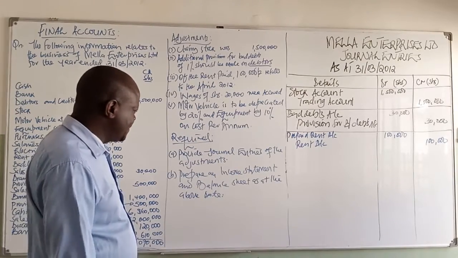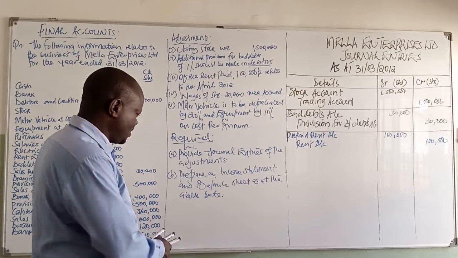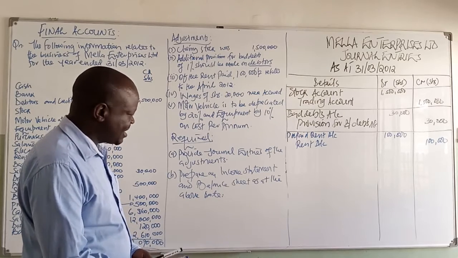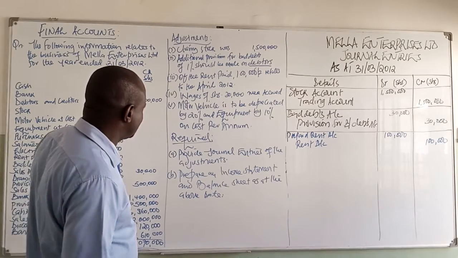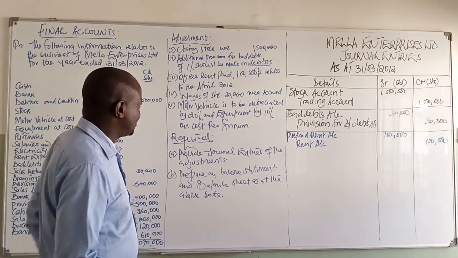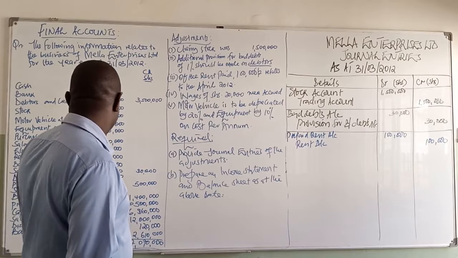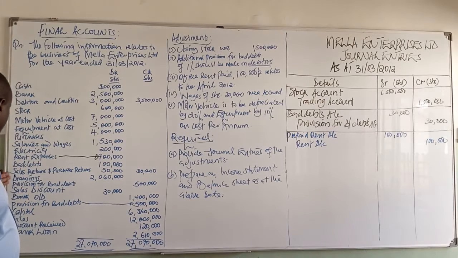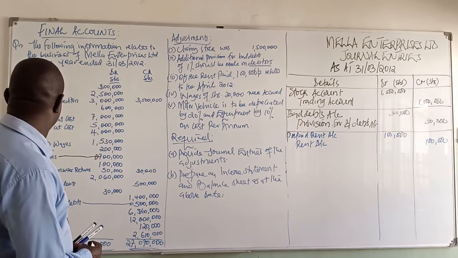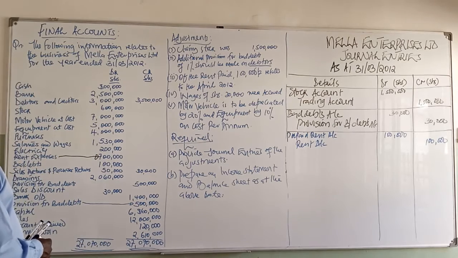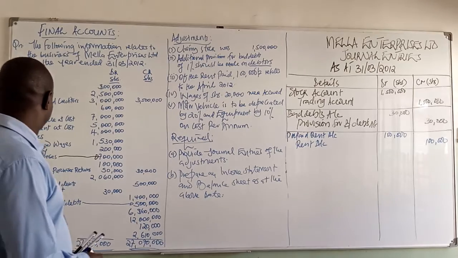And because they are liabilities, we have to treat them in the balance sheet as a current liability. So what we have here, they are telling us that wages of 30,000 are accrued. And you can see we have wages in this account. When I check wages, you have wages somewhere.